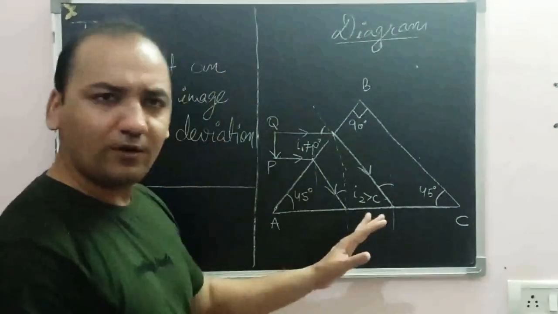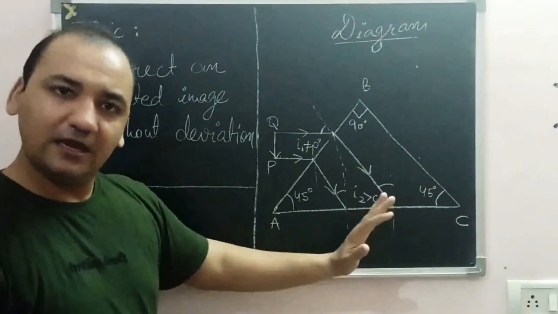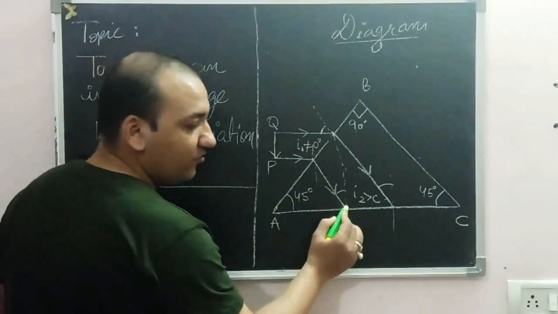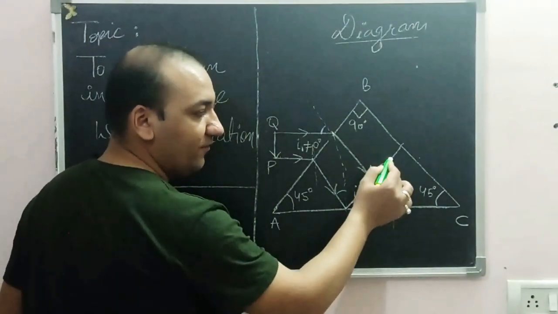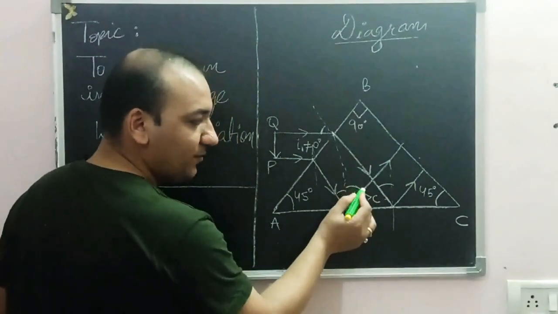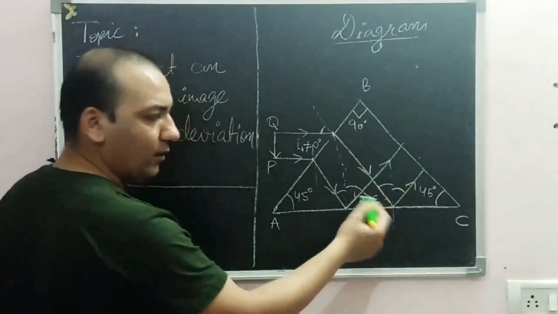So we just need to write here that I2 is greater than C. It's more than the critical angle, which means we are in the third condition of critical angle, and this shows TIR. Total internal reflection will happen, wherein these two angles will be equal. This also will be equal to I2, whatever the value.